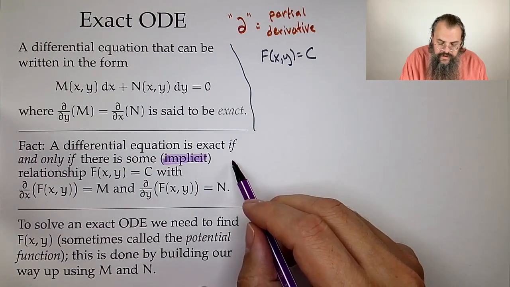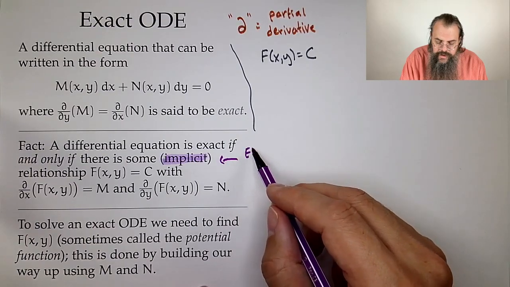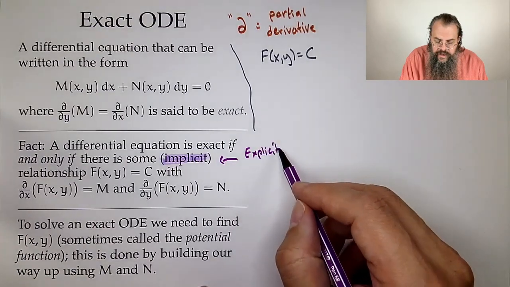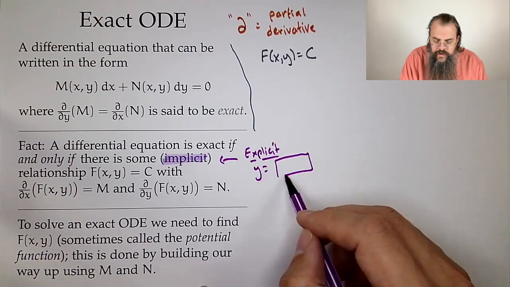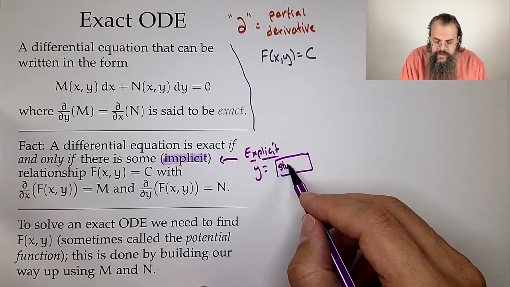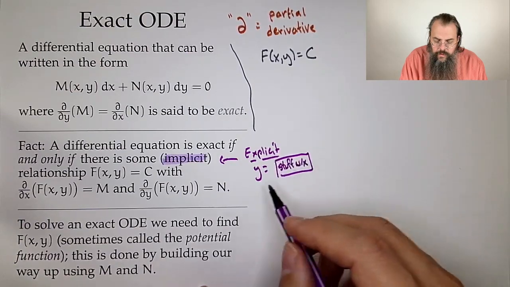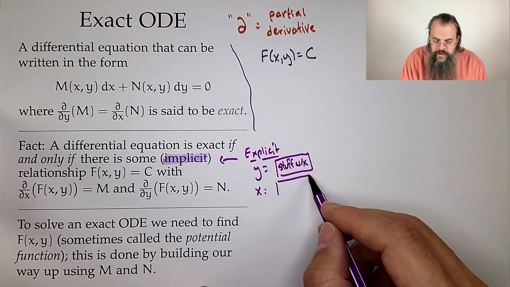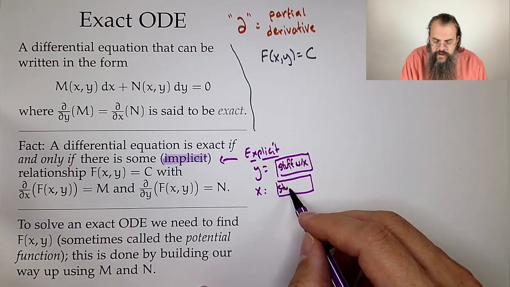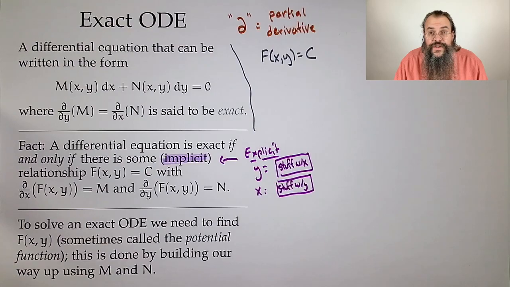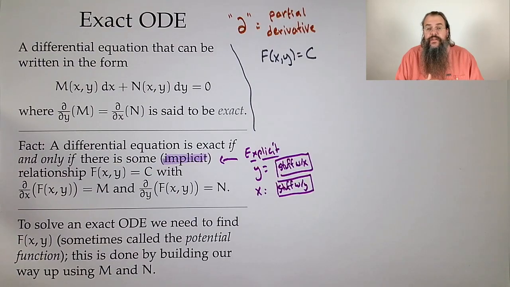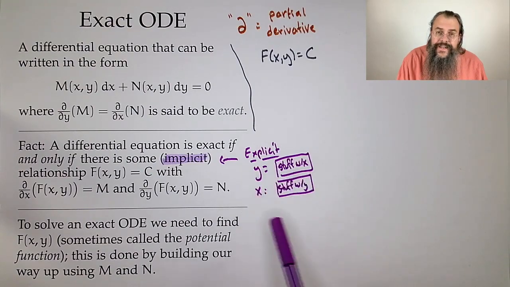And when we talk about implicit relationships, that's a type of relationship where we don't really have a good way to isolate a variable. So probably it's easier to say what something is when it's not implicit. So explicit, if we just do a little bit of comparison here, explicit would be something of the form y equals stuff with x, or maybe x equals stuff with y. Those are examples of explicit relationships. Implicit says, well, we don't really have a way to get to that.